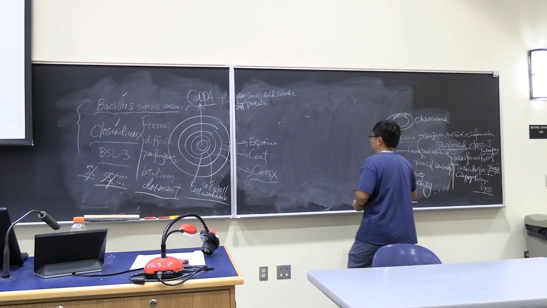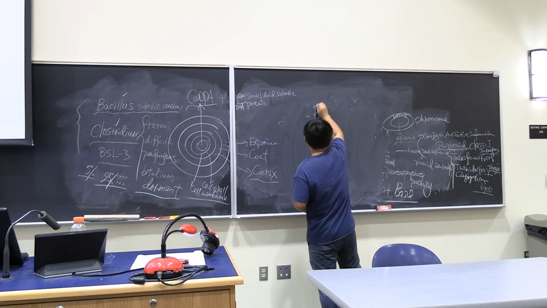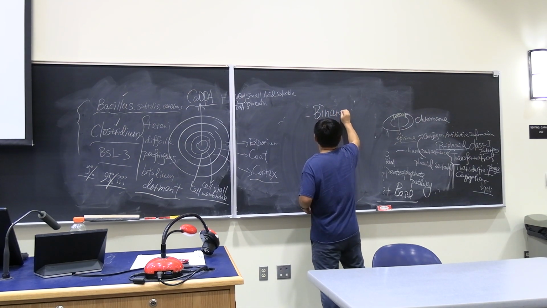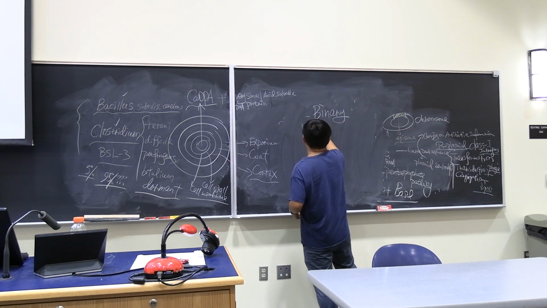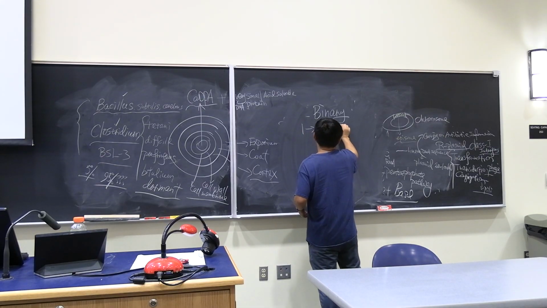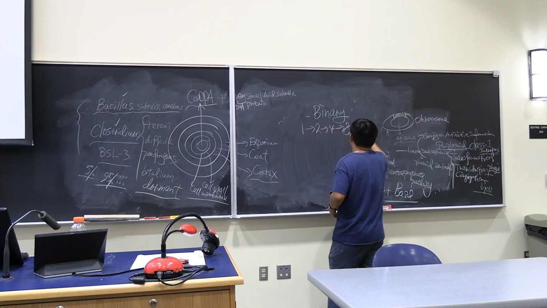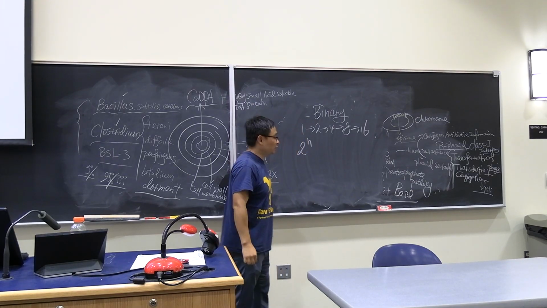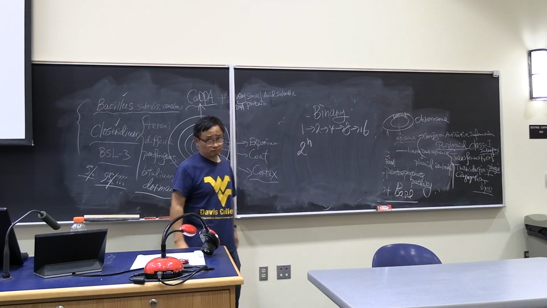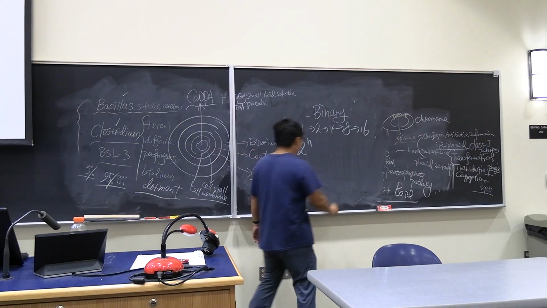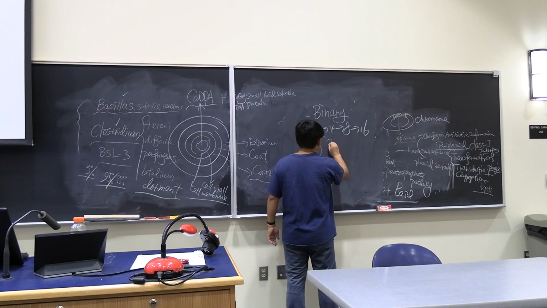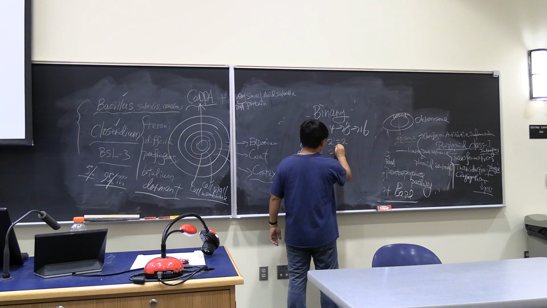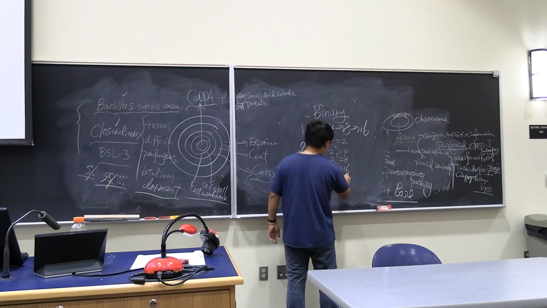What does binary mean? 1 becomes 2, 2 becomes 4, 4 becomes 8, 8 becomes 16. 2 to the power of n. You should be very familiar with this math. Sometimes you're going to use it. Okay? We'll have a practice question for you.